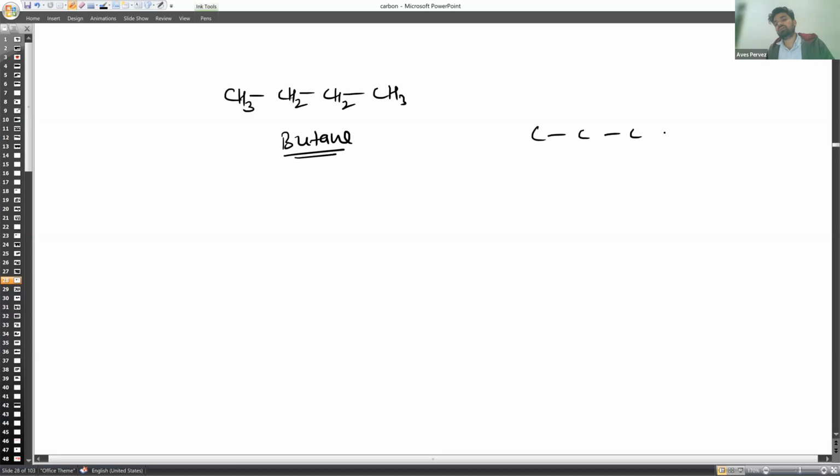Now check the 3 carbon chain. The main chain should be 3 carbon. The rule is that if you take a main chain of 3, you have freed 1 carbon. You cannot put that carbon at the end or the starting position. The only choice is to put it in between.